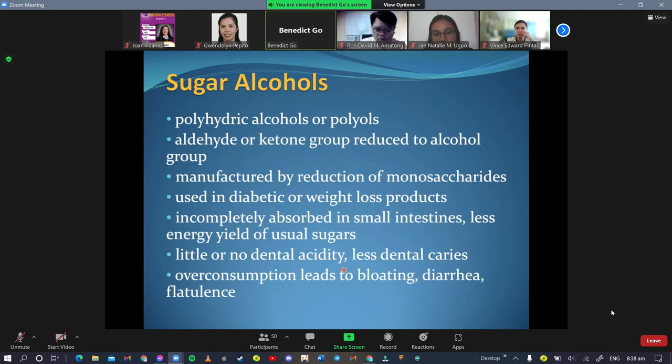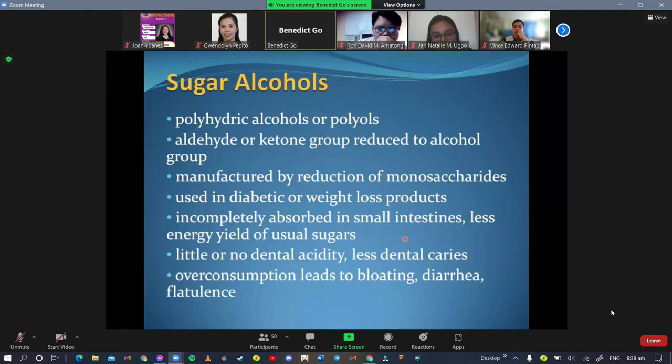Remember I said overconsumption gives you bloating and diarrhea, etc. Because if you consume a lot of these sugar alcohols in the form of artificial sweeteners, which you find in sugar-free products, you will have a high intraluminal osmolality, because remember, they can't be absorbed, right? So what happens if there's a high osmolality in your intestinal lumen?